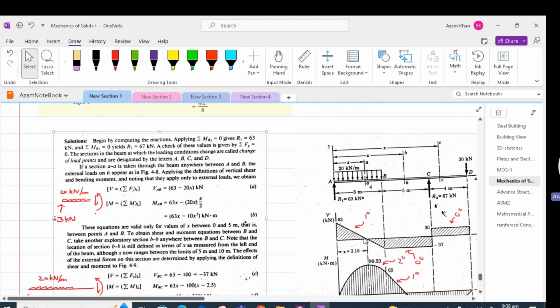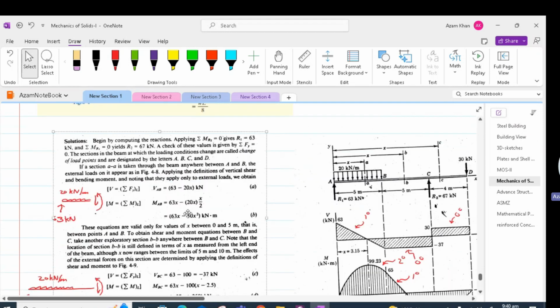Based on this argument, we can appreciate that the concentrated load is a source of discontinuity in shear, and therefore we need two x coordinates to define the region. One x coordinate defines the region before the concentrated load, one x coordinate defines the region after the concentrated load.